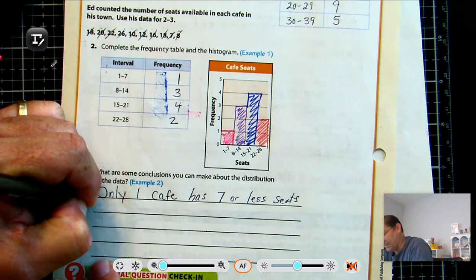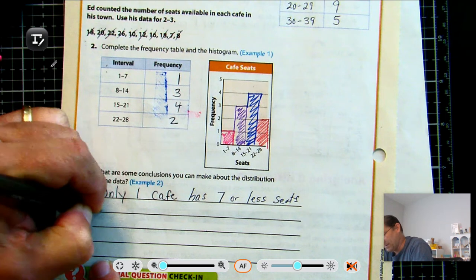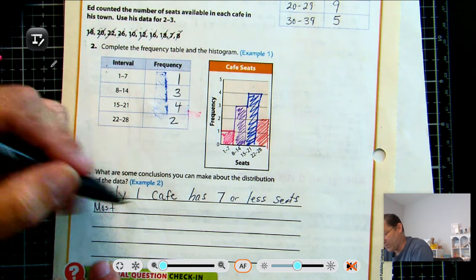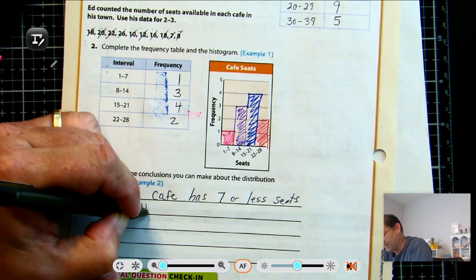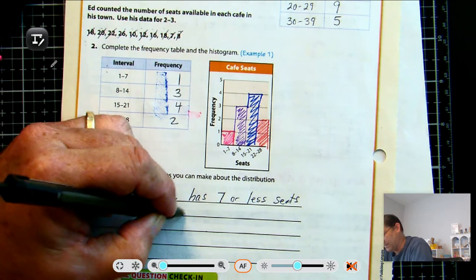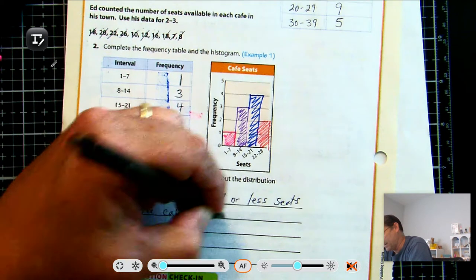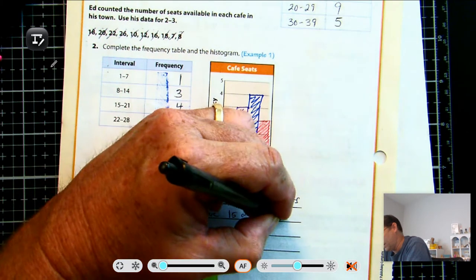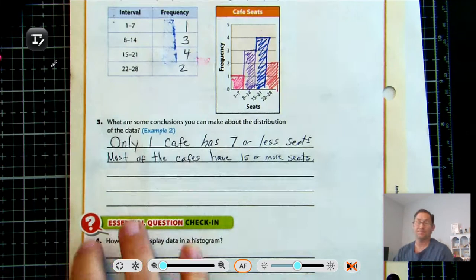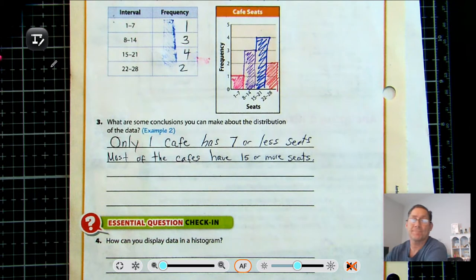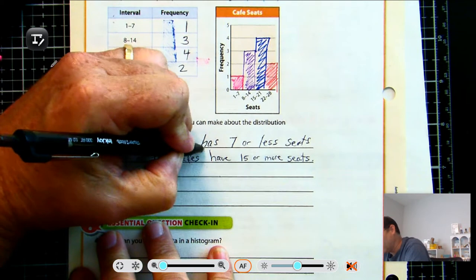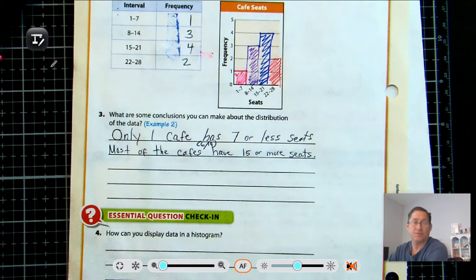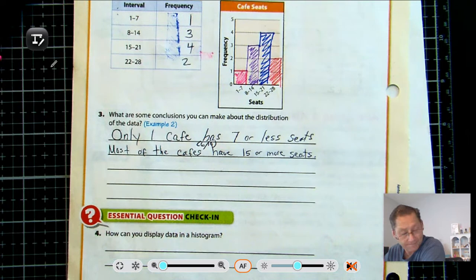And 6 out of the 10 had 15 or more. So most of the cafes have 15 or more seats. So 6 out of 10 have 15 or more seats.